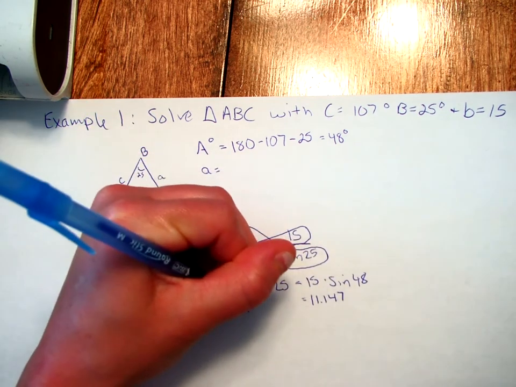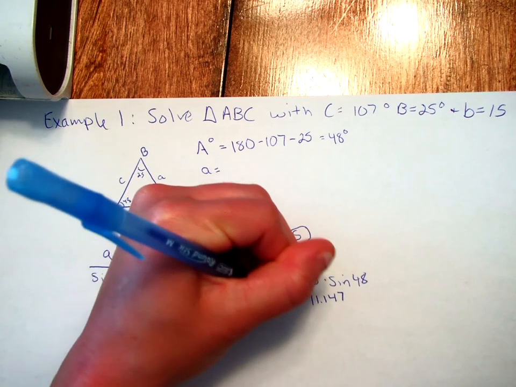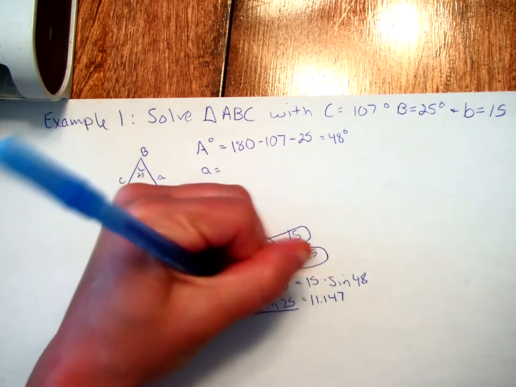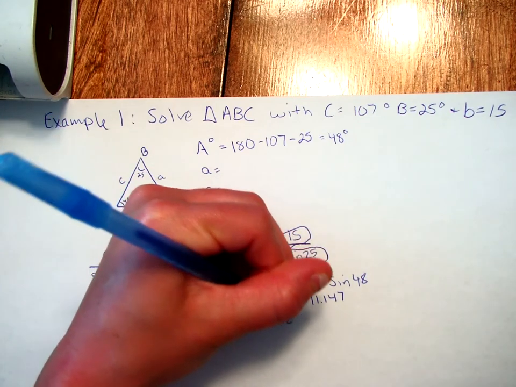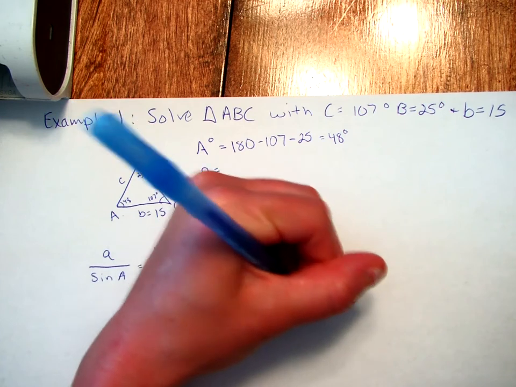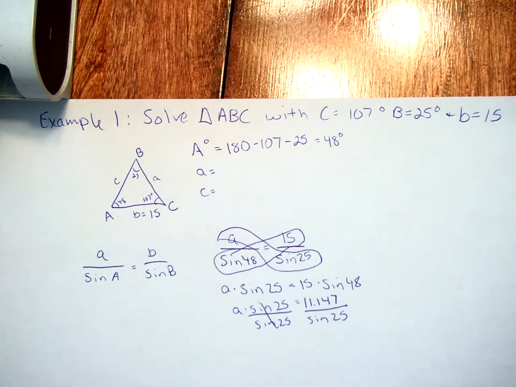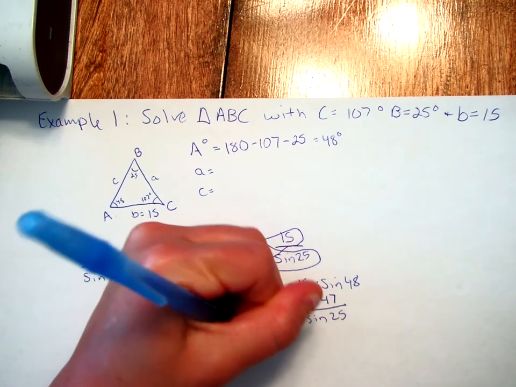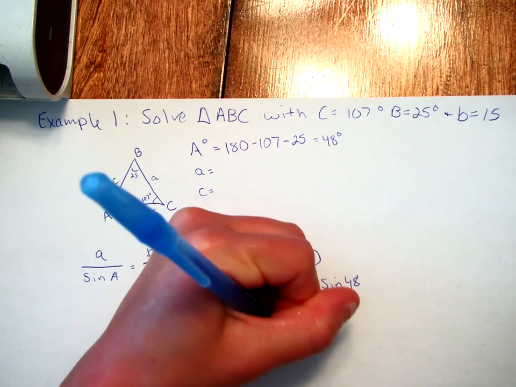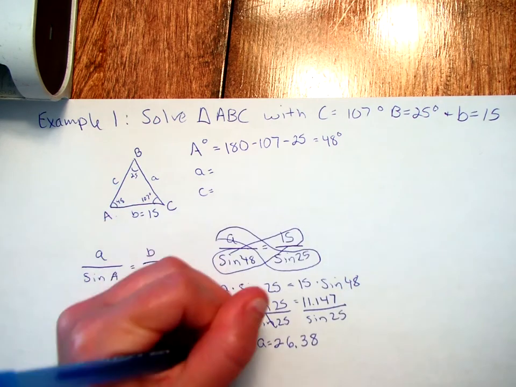And then that's equal, and this side stays the same for now. Then you want to divide by sine of 25 on both sides to get a by itself. And you should get 26.38.